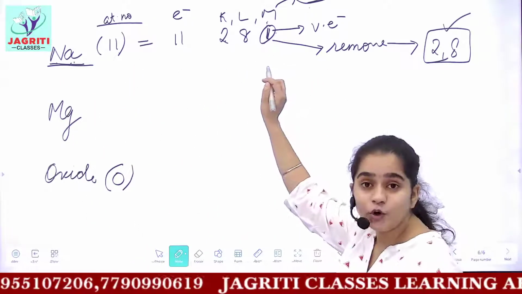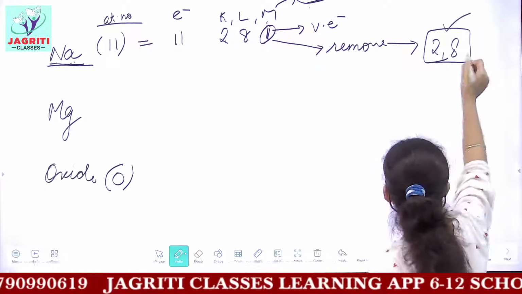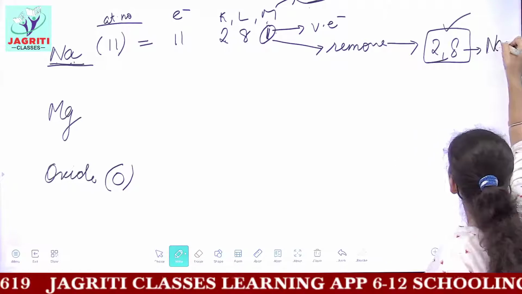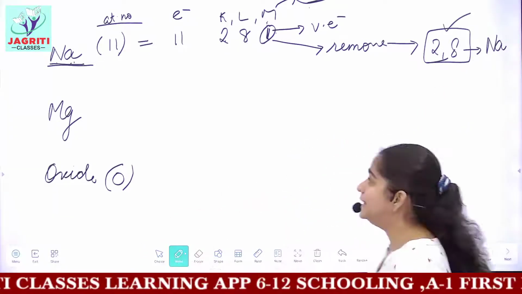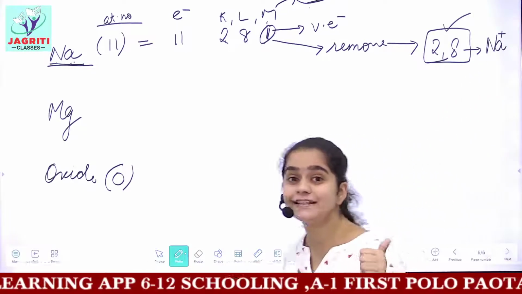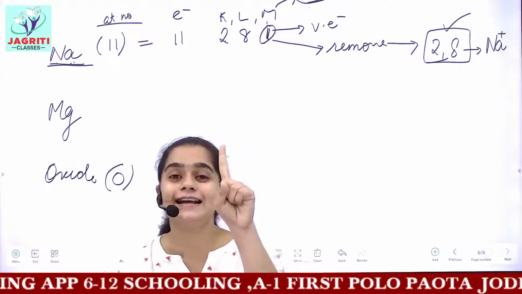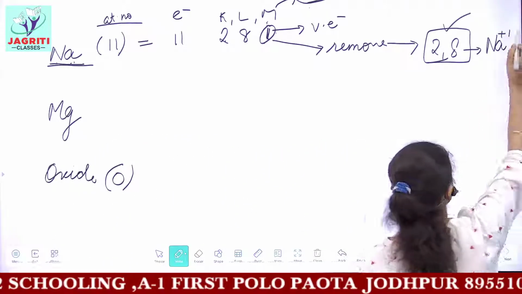And as I told you earlier, electrons are negatively charged. When this sodium removes 1 electron, it is removing negative charge from itself. Then it attains a positive charge. And how many electrons has it removed? It has lost a single electron. So the notation here would be Na plus 1.